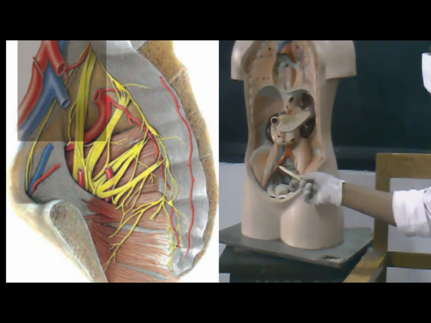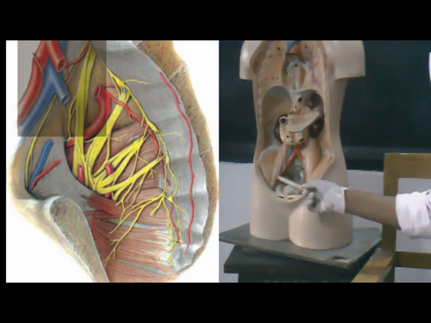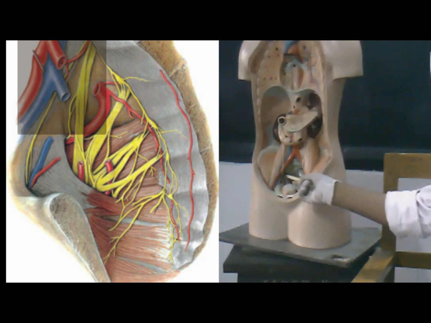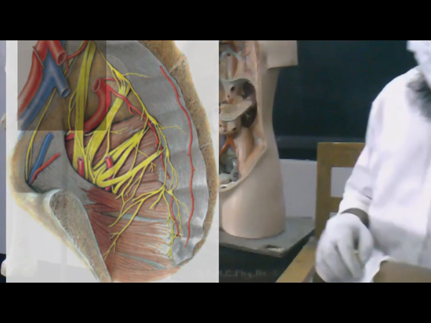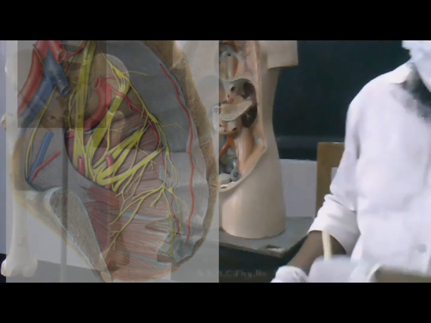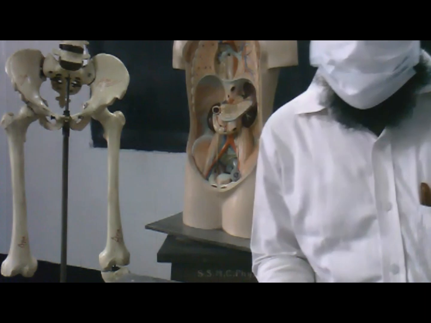After bifurcation, the common iliac artery will divide into 2 branches: one is the external iliac artery, another is the internal iliac artery. So the formation of the common iliac vein and bifurcation of the common iliac artery occur in front of the joint.